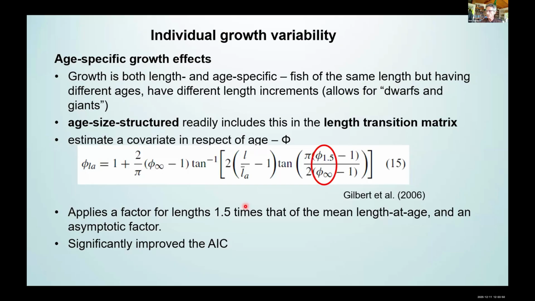So in the CAPAM model, we were able to achieve this effect by means of a couple of covariates in respect of the length of a particular age-length cell within that matrix. And estimating those covariates really did seem to improve the AIC of the model fit to the data.